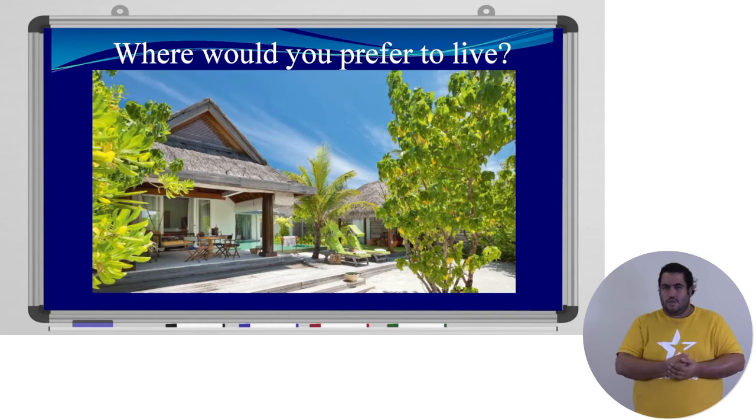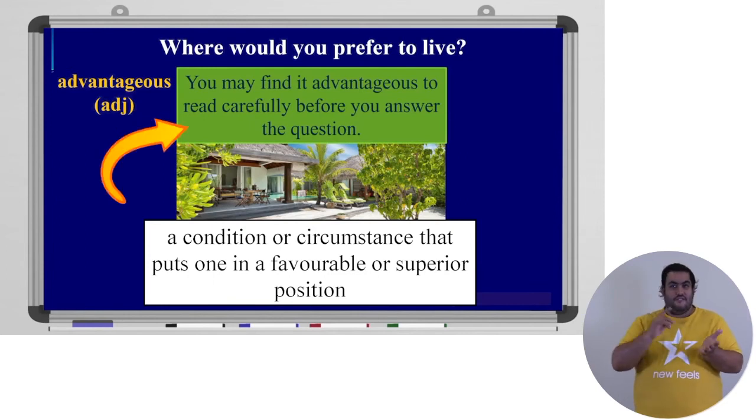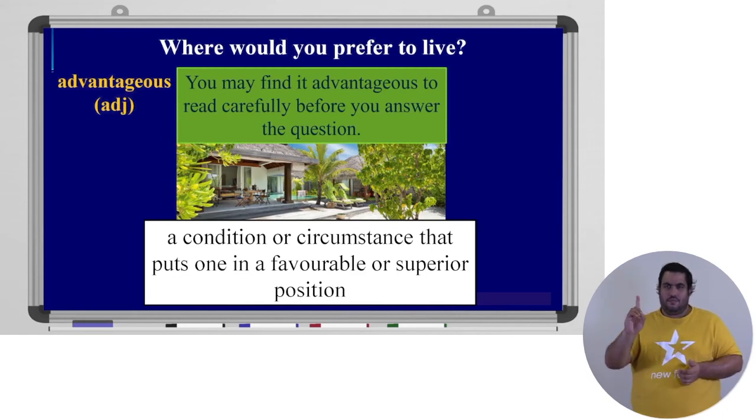I can say an advantageous place. For example, you may find it advantageous to read carefully before you answer the question. Advantageous means beneficial, a condition or circumstance that puts one in a favorable or superior position.